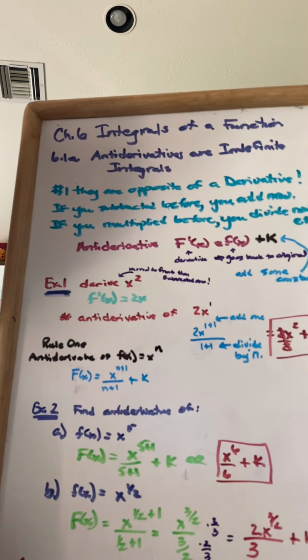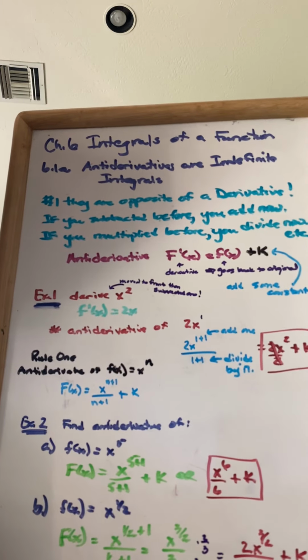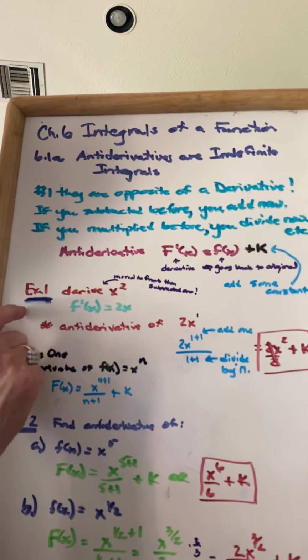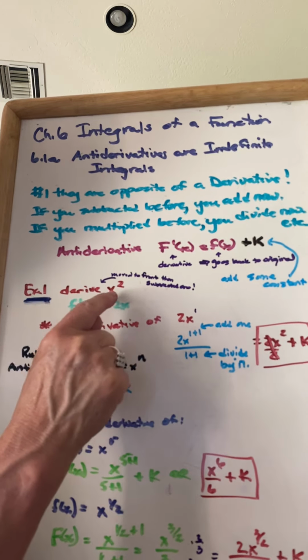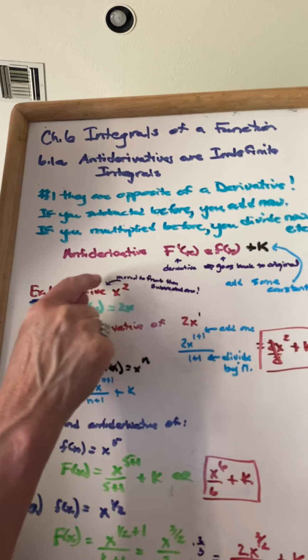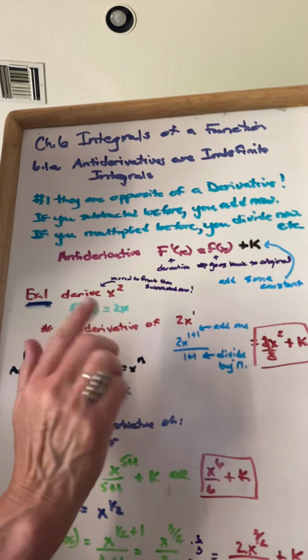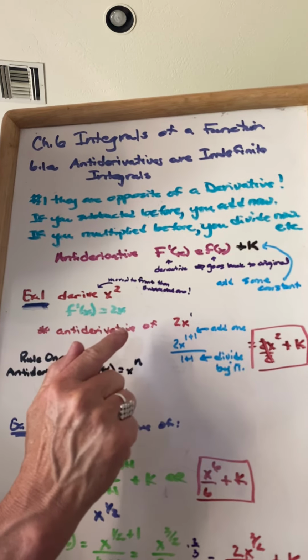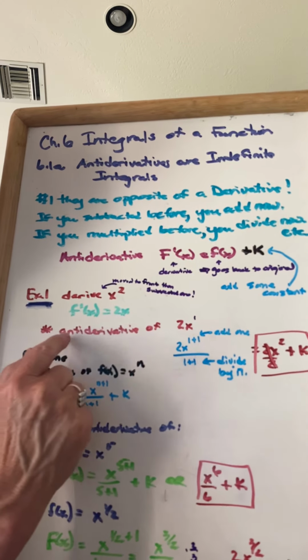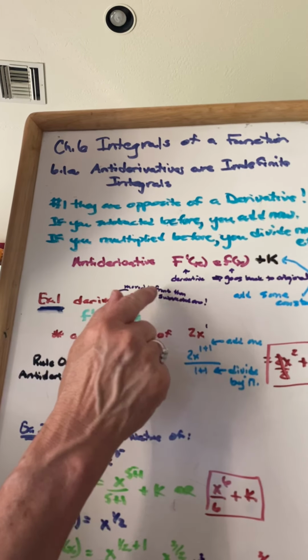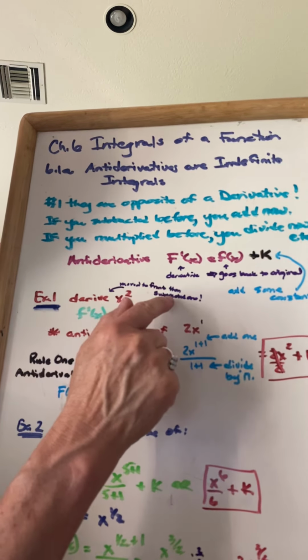All right, here we go. So they don't start with rules first. They start with, let's see if you can figure out the rule first. Example, if I derived x squared, you would move 2 to the front, and then you'd subtract 1, and you'd get 2x. Y'all know that. The antiderivative of 2x to the first, then, is going to be the opposite. Remember, you put it in the front and you subtracted 1?